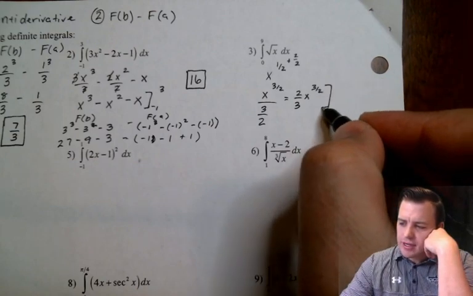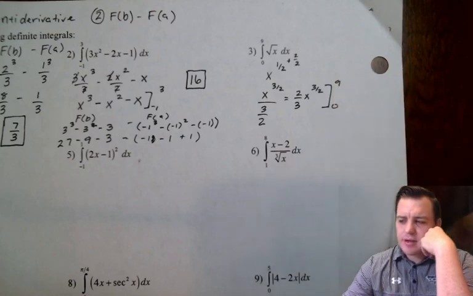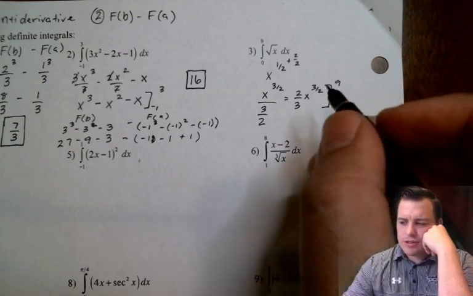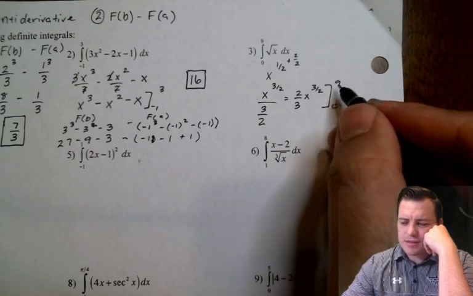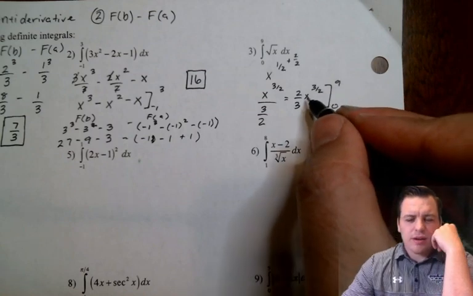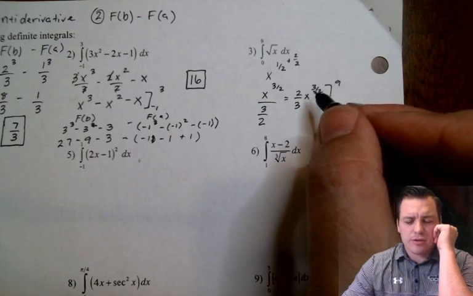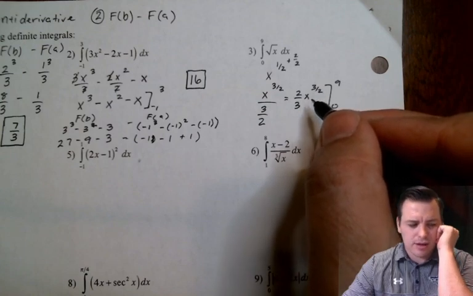And then once you get your antiderivative, you set your limits 0 and 9. And then we just say f of b minus f of a. So f of b, so 9 to the 3/2, that would be the square root of 9 cubed. So the square root of 9 is 3. 3 cubed is 27. Okay?